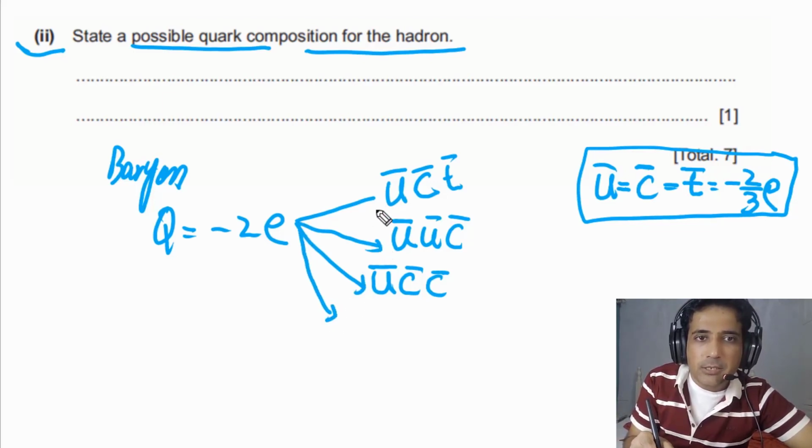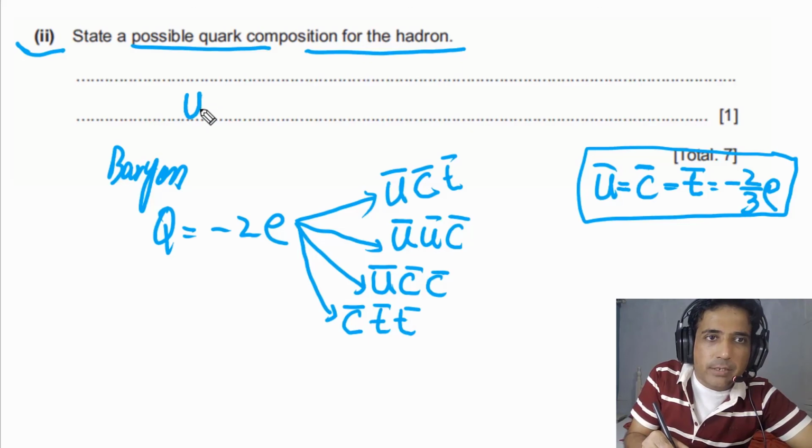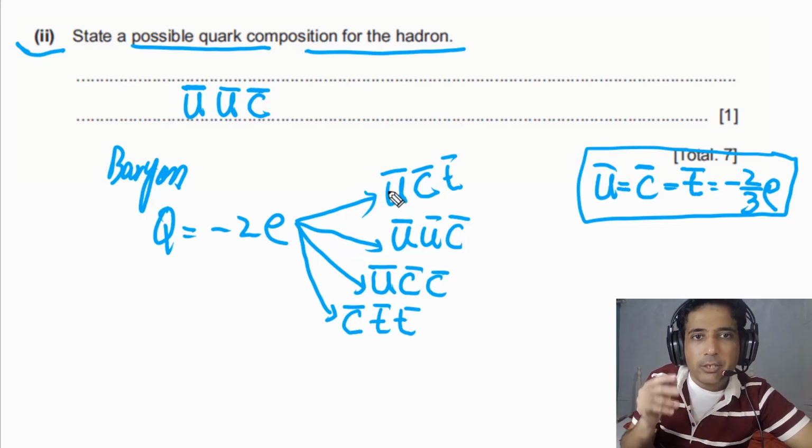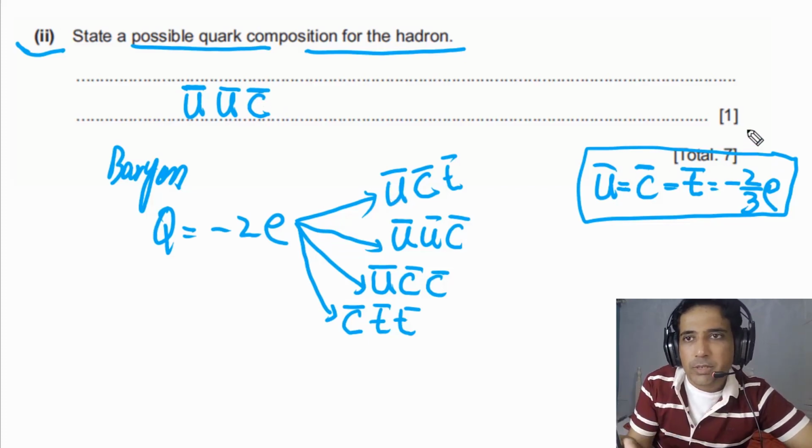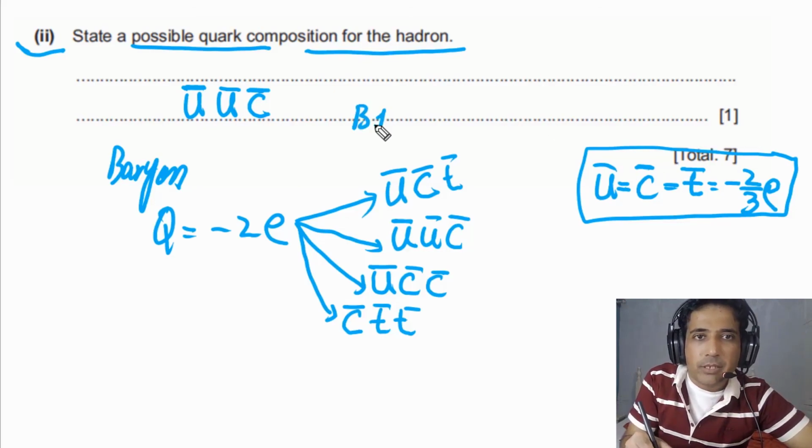In this case, we can also write down it is possible this baryon has one charm antiquark and 2 top antiquarks. I'll be writing here an up antiquark and one charm antiquark. Any composition is right. So if you write any composition here, you will get 1 mark, and this is the mark.